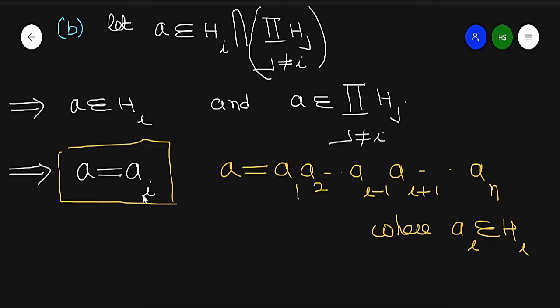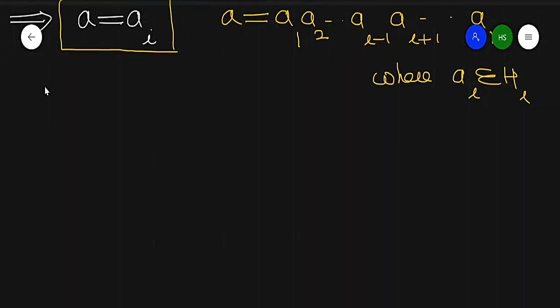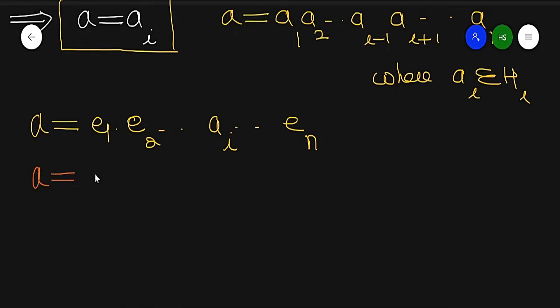Now with the help of uniqueness, this term A can be written as e1 into e2 and so on. The ith term is ai and all other terms are identity. We can write it from this, and from this we can write it as a1, a2 and so on.